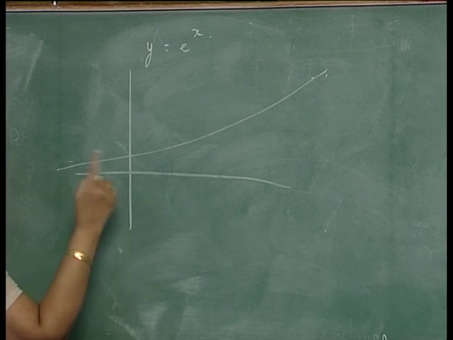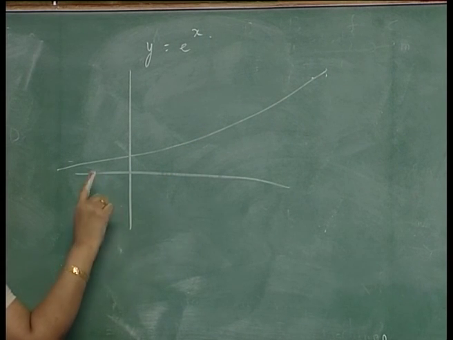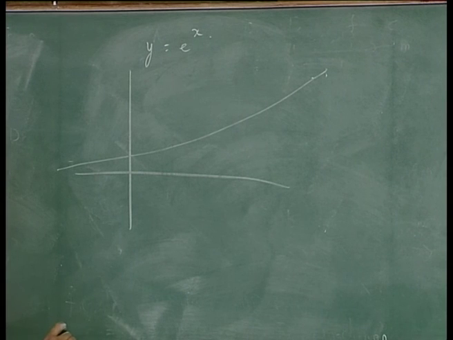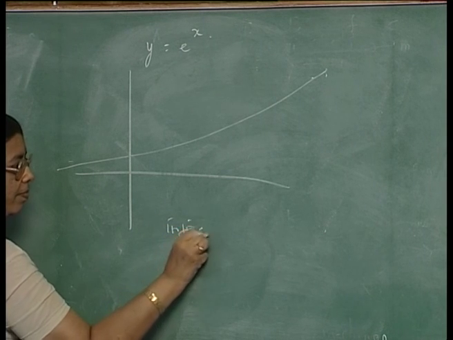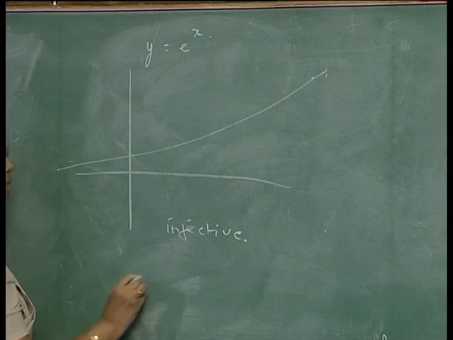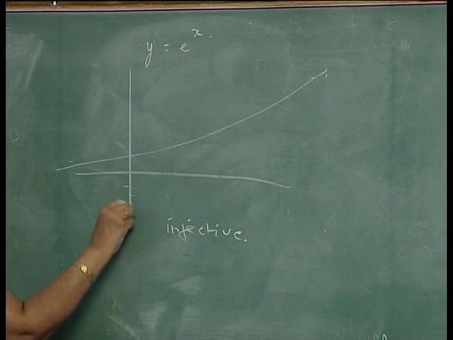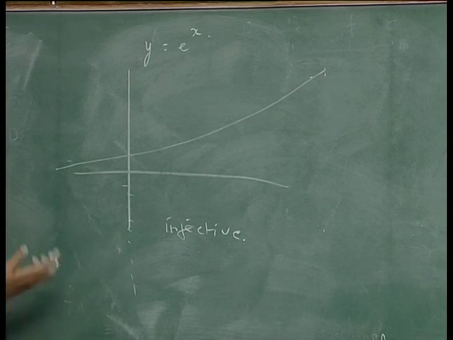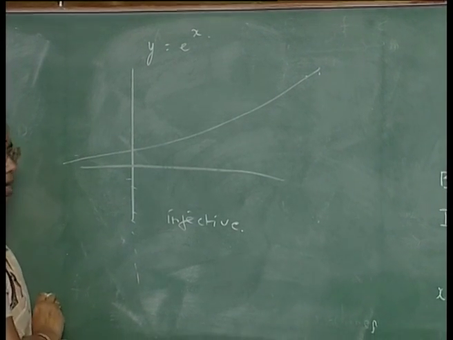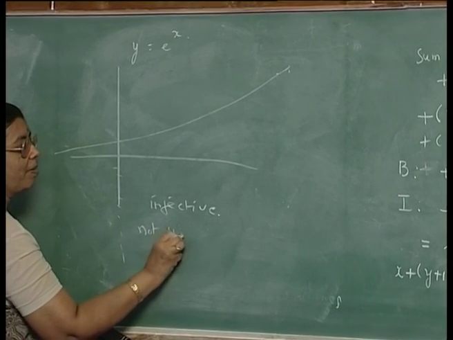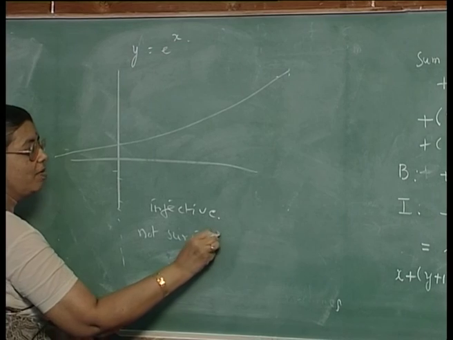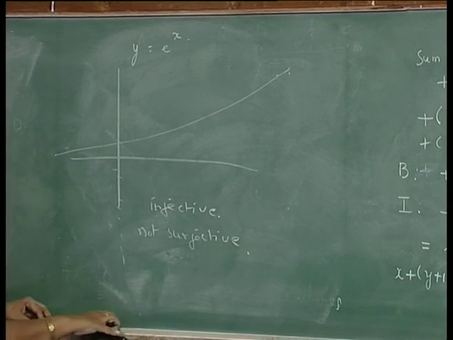You can see that if you have x1 not equal to x2, e power x1 will not be equal to e power x2, and so different elements will be mapped onto different elements. So, it is injective, but the negative numbers are not image of any elements here. So, it is not surjective. This is an example of a function which is injective, but not surjective.